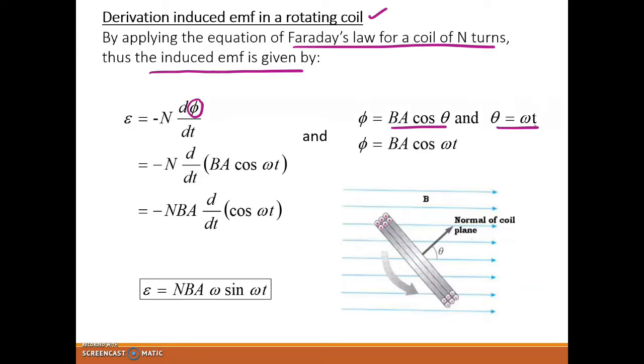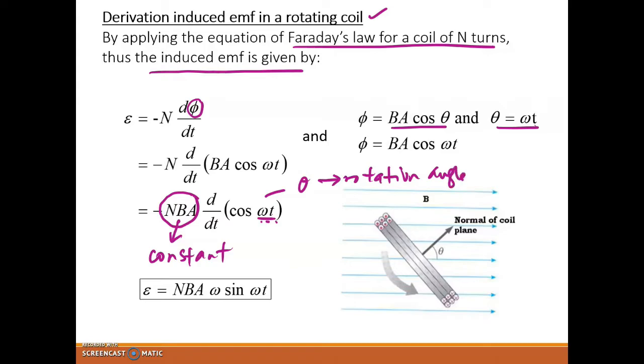But here you have to remember that N, B, and A are constant, and the only thing changing is omega t, the rotation angle. After the derivation, we have the EMF induced for the rotating coil: EMF is equal to NBA omega sin omega t.